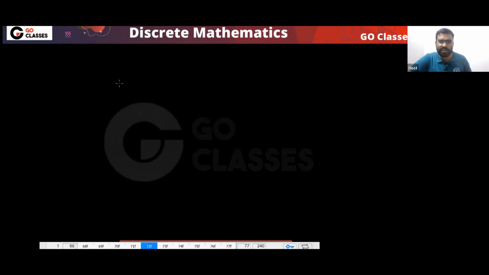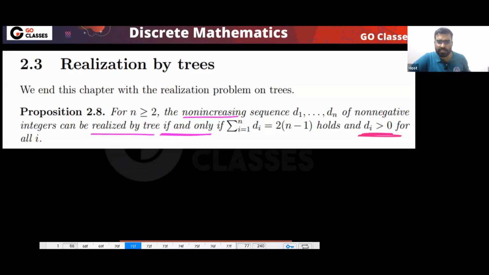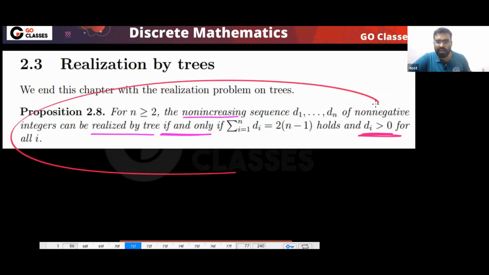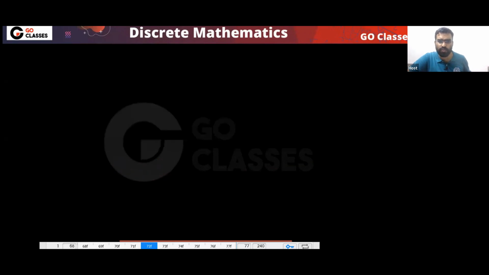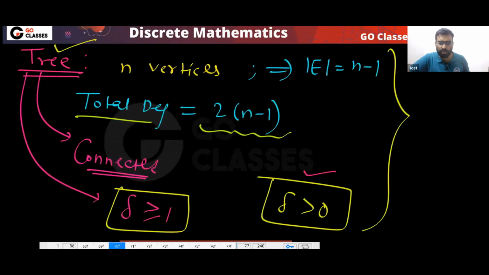So whatever sequence I give you, this condition will apply for at least two vertices. Yes, you can check that also.